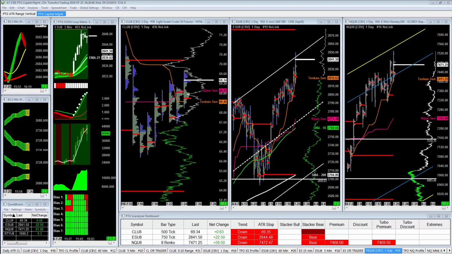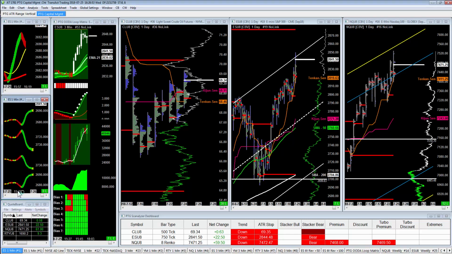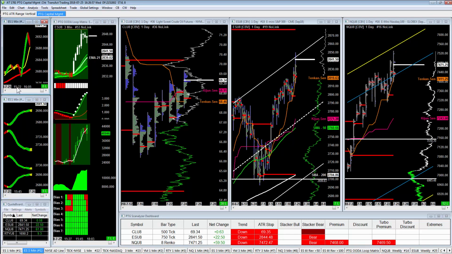Okay, and over to the left-hand side, to the far left-hand side, you'll see two windows. They look like a little squiggly line, and then another line up here with a couple moving averages on them. These are referred to as our total market sync and our advanced decline sync. So the top left-hand window is the total market sync.